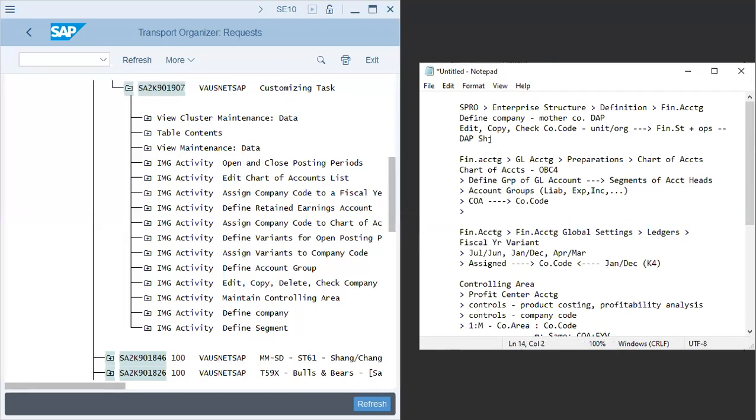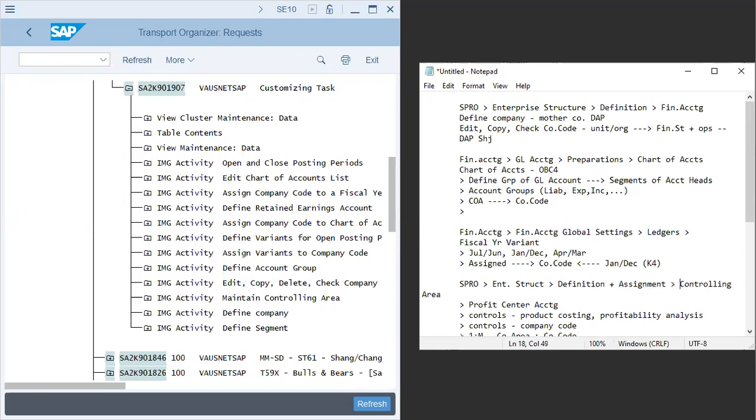Okay. Controlling area is in SPRO, enterprise structure, definition, and plus assignment. Okay.